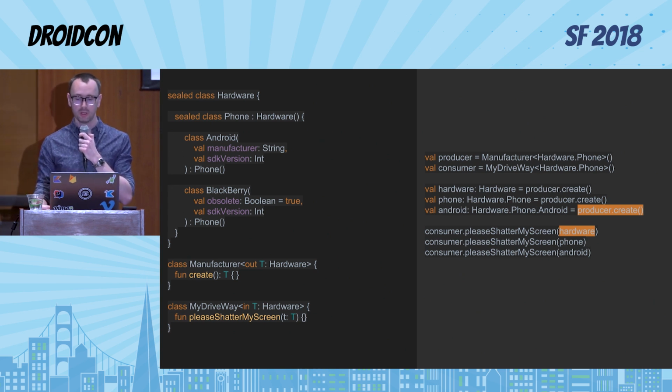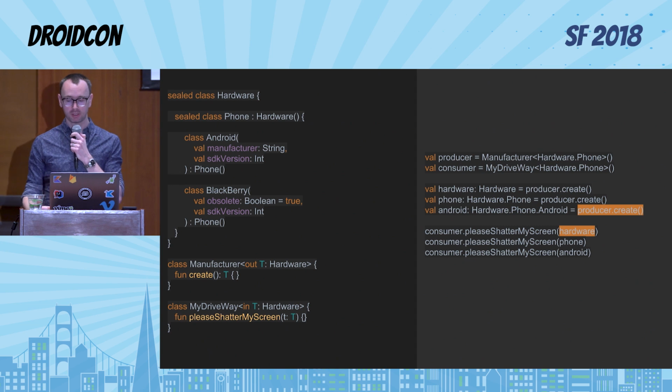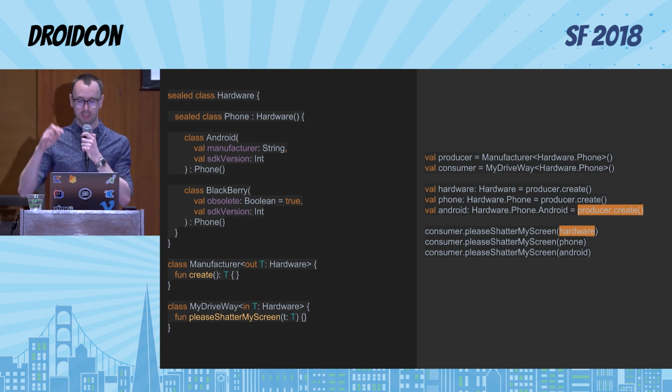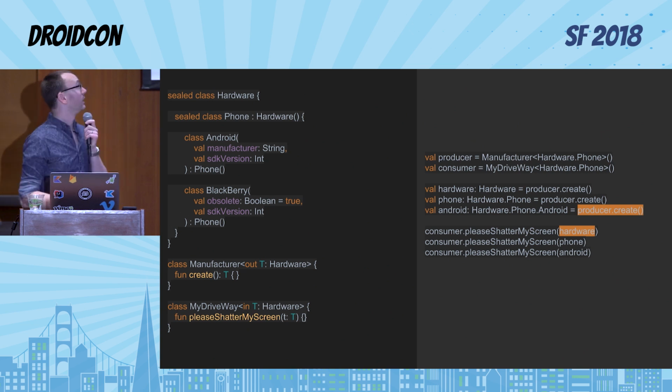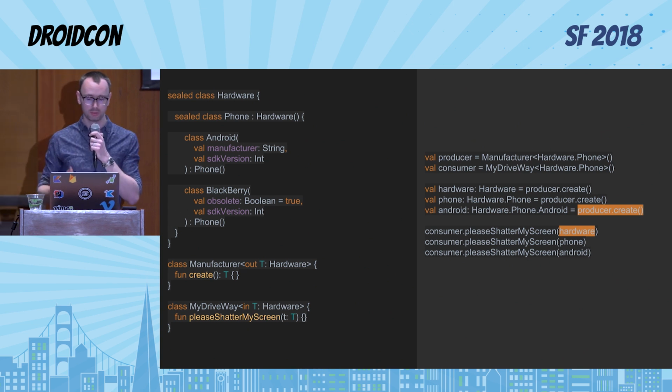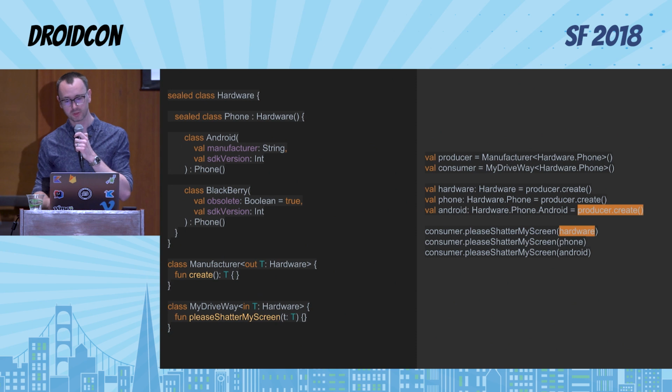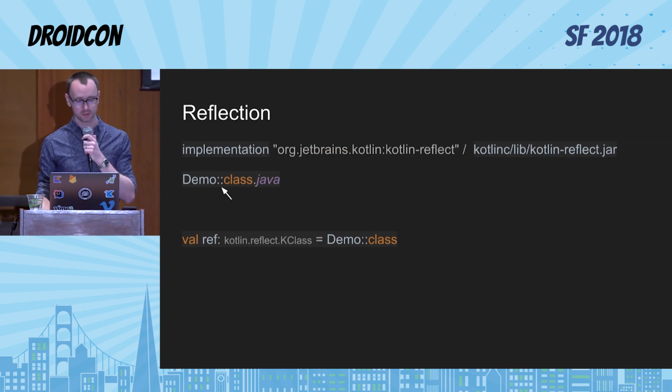Same with the consumer. You cannot pass it a kind of hardware because it doesn't know that could be something else in this class hierarchy that is not a phone. It could be something else that is type hardware but is not a phone. So the first case of the producer is covariance, the second is called contravariance. Hopefully that clears it up.